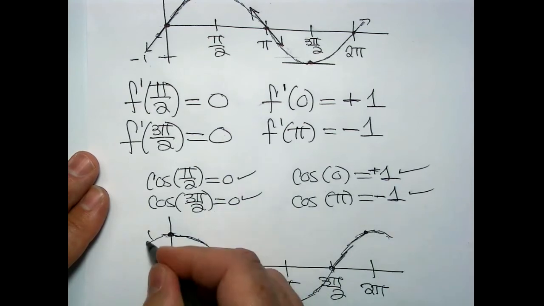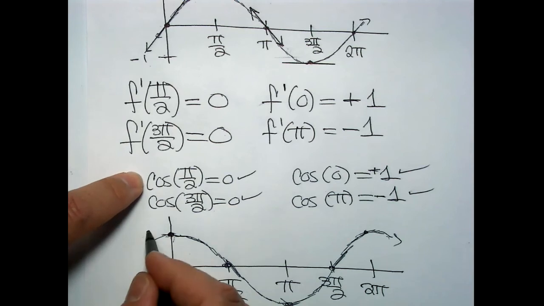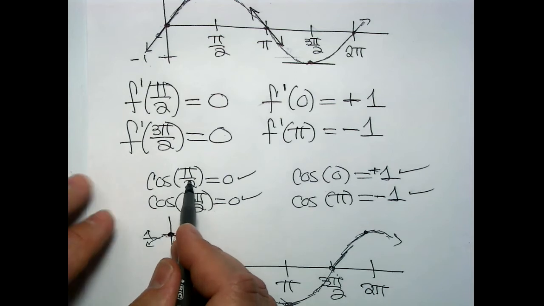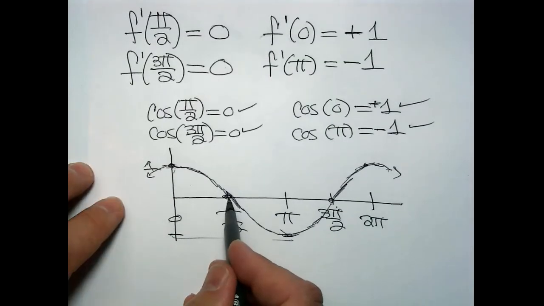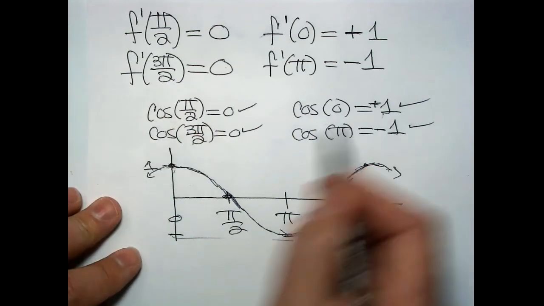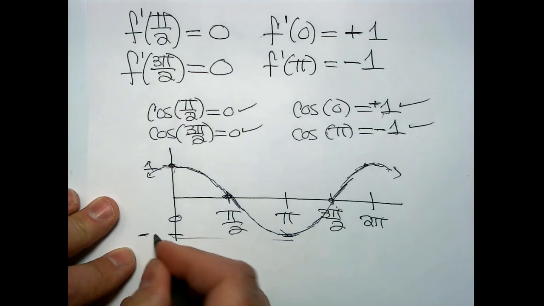And it does go on forever and ever in both directions. Well, sure enough, cosine of 0 is right there, sitting up here at 1. The cosine of pi over 2 is right there, it's 0. Cosine of 3 pi over 2 is right there, it's 0. Cosine of 0 reaches up to 1. Cosine of pi reaches down to minus 1.